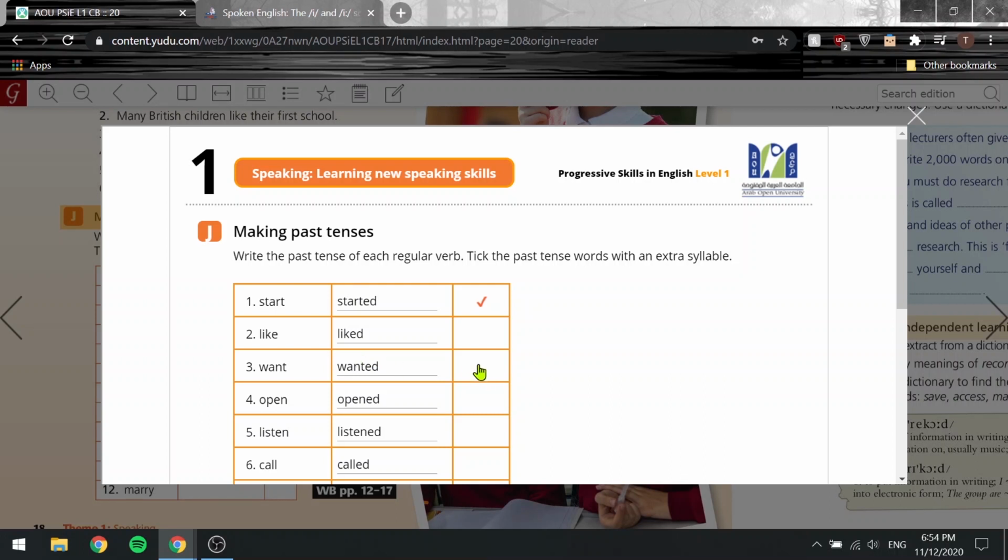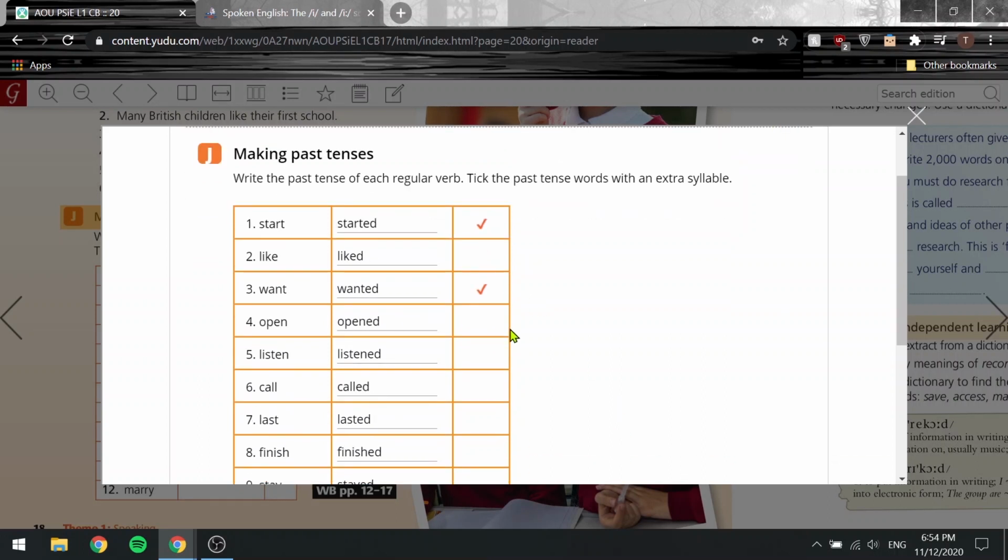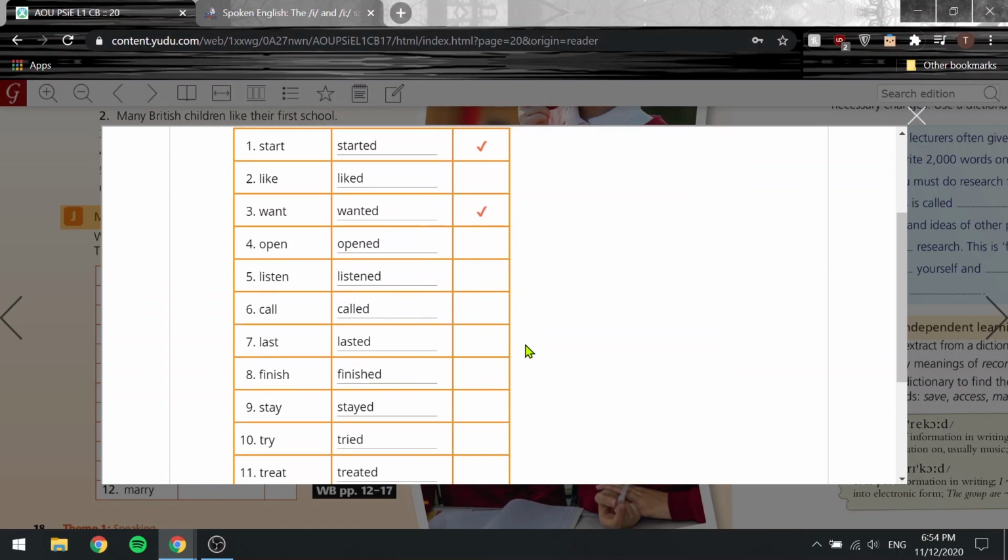So that's 2 syllables. I'm going to tick that. Opened, not really, no. Listened, not really. Called, no, it's just one word. Lasted, okay, lasted is just like wanted. It's just like started, okay? So for lasted, we're going to tick it. It has an extra syllable.